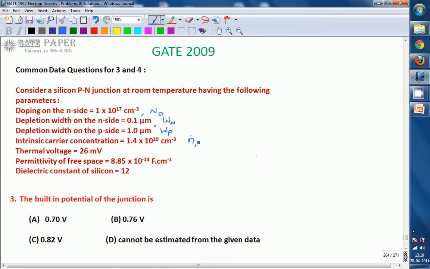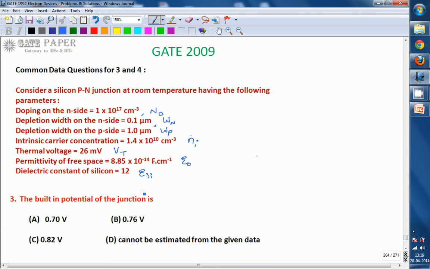Intrinsic carrier concentration is ni, thermal voltage is Vt, permittivity of free space is epsilon naught, and the dielectric constant of silicon is epsilon silicon. So these are the values given: Nd, Wn, Wp, ni, Vt, epsilon naught, epsilon silicon.